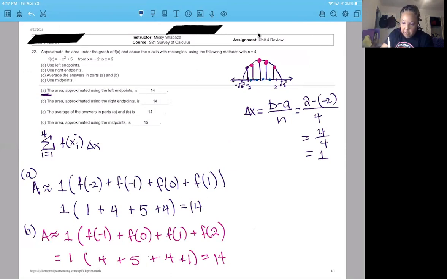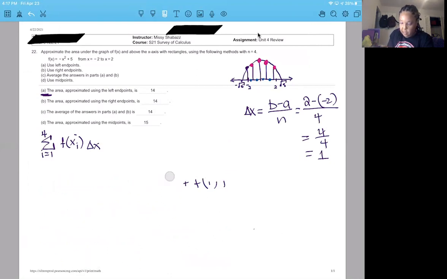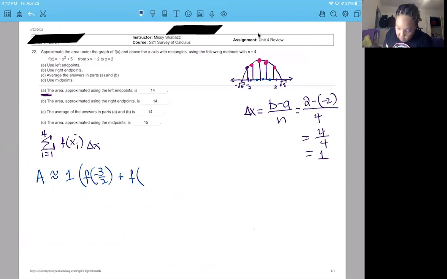So let me make a little bit more room. Again, my change in x is exactly the same. So 1 times f of negative 3/2 plus f of negative 1/2 plus f of 1/2 plus f of 3/2.